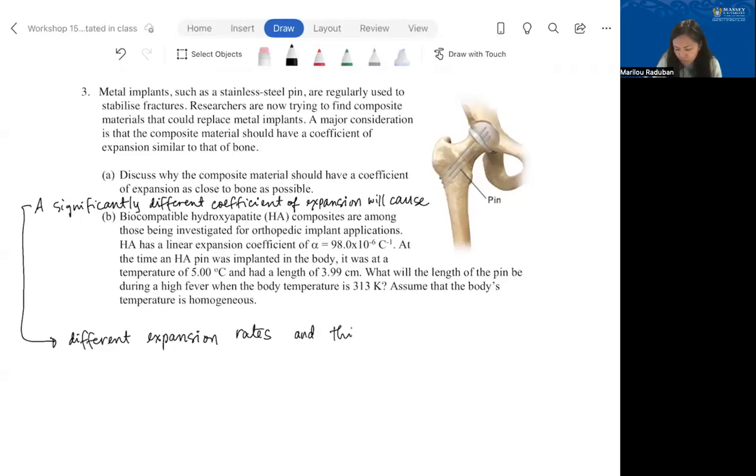And this will introduce stress to the bone. Yeah, so you can answer that question sort of like that.